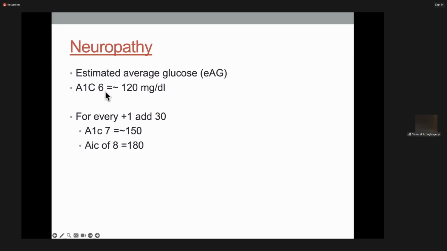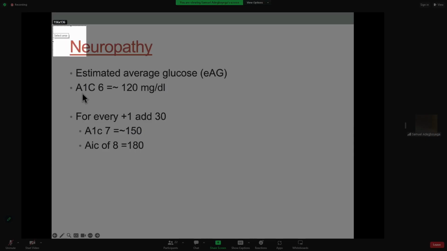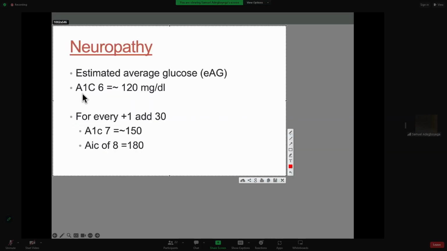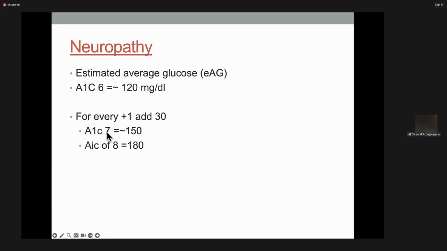That's the beginning. For every 1 increase in A1C, you're going to add 30. So if you have an A1C of 7, that's 6 plus 1, so you add 30, and that's going to be 150. An A1C of 8, you add 60, that's going to be 180.